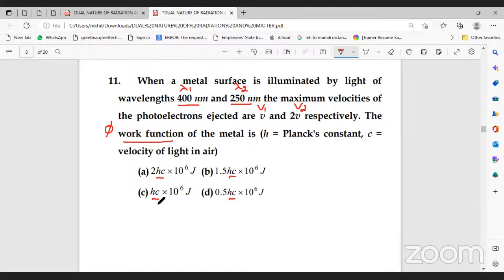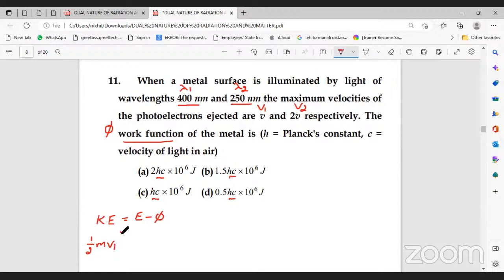Can you tell me the equation which is going to be satisfied for this case? You know that the kinetic energy is E minus phi. Now, can we go with the two cases like this?